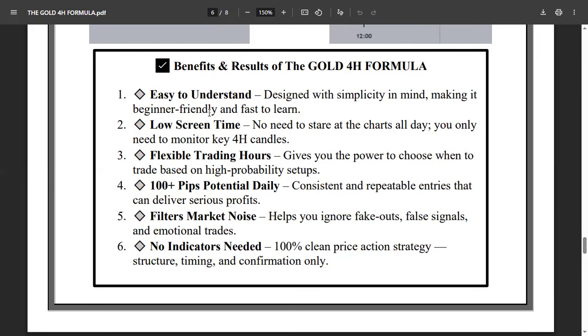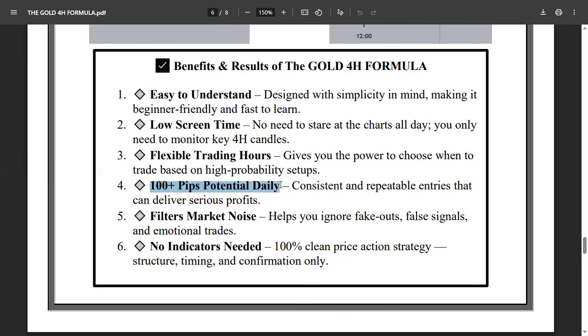So the screen time is so low, and you're going to see how easy it is. And of course, it's flexible. You can choose any 4-hour candle for you to trade. So it doesn't matter.